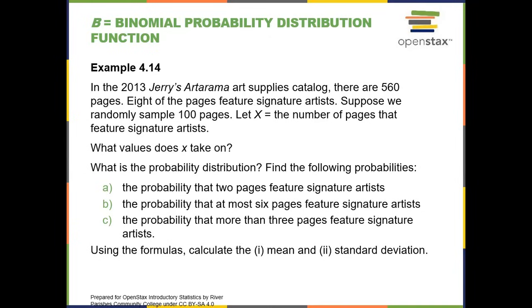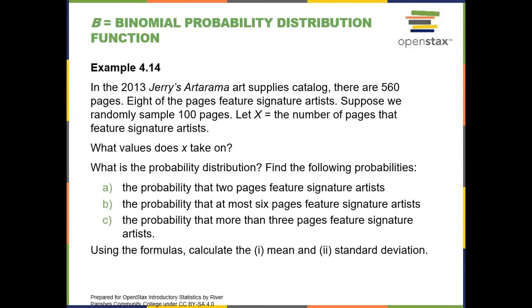So there are 560 pages, out of which only 8 feature a signature artist. So what is the probability of featuring a signature artist? It is 8 divided by 560, which is 0.0142. That is your probability of success.